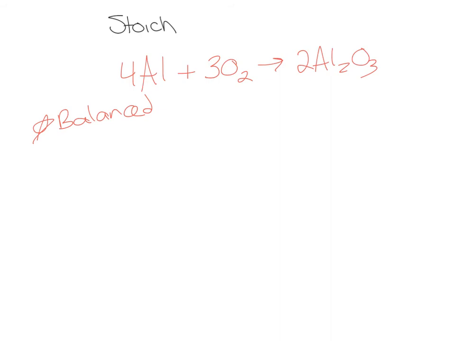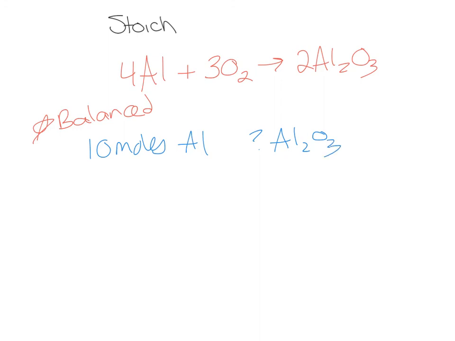The question will ask you about two things specifically. If they tell you you've got an excess of one, you can ignore that one and focus on the ones that it gives you numbers for. So in the case of this problem, if I said, all right, I have 10 moles of aluminum, how many moles of aluminum oxide do I produce?